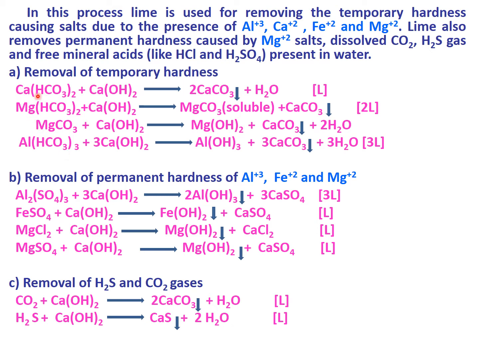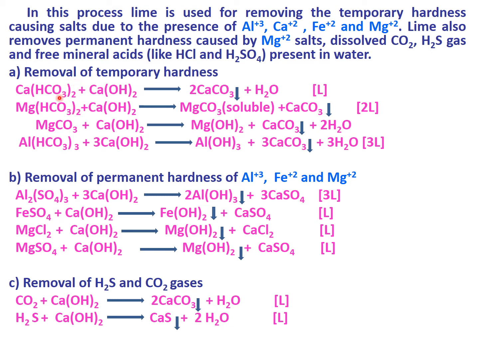These temporary hardness causing salts react with lime and become insoluble. In the case of calcium bicarbonate, it reacts with lime and makes calcium carbonate as an insoluble material, and water. So here we need 1 mole of lime for 1 mole of calcium bicarbonate.